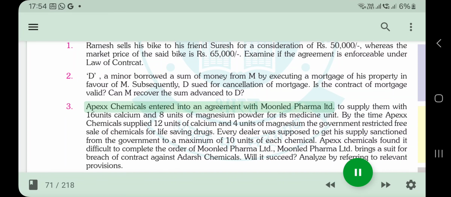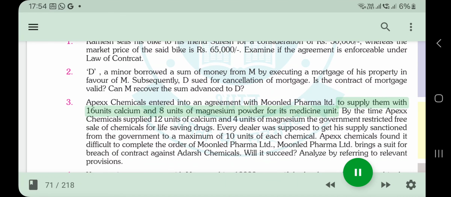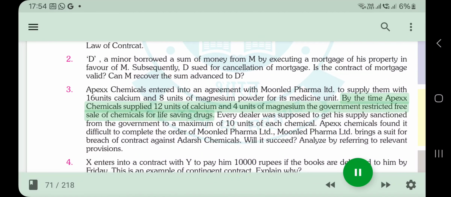3. Apex Chemicals entered into an agreement with Moonled Pharma Limited to supply them with 16 units of calcium and 8 units of magnesium powder for its medicine unit. By the time Apex Chemicals supplied 12 units of calcium and 4 units of magnesium, the government restricted free sale of chemicals for life-saving drugs.